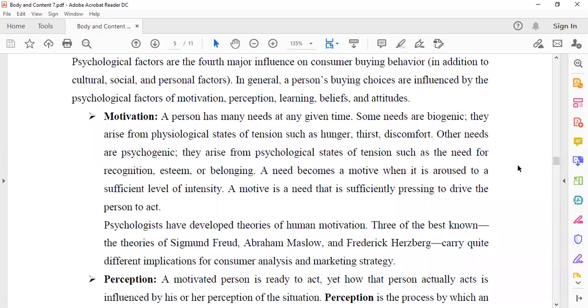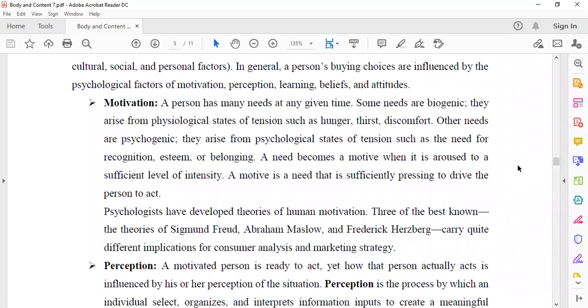When we talk about motivation, we're talking about an inner drive that moves a person to act in a particular way. Some of these psychological states could be hunger, could be taste, could be discomfort, could be anger. And all of this drives an individual to act in a particular way.